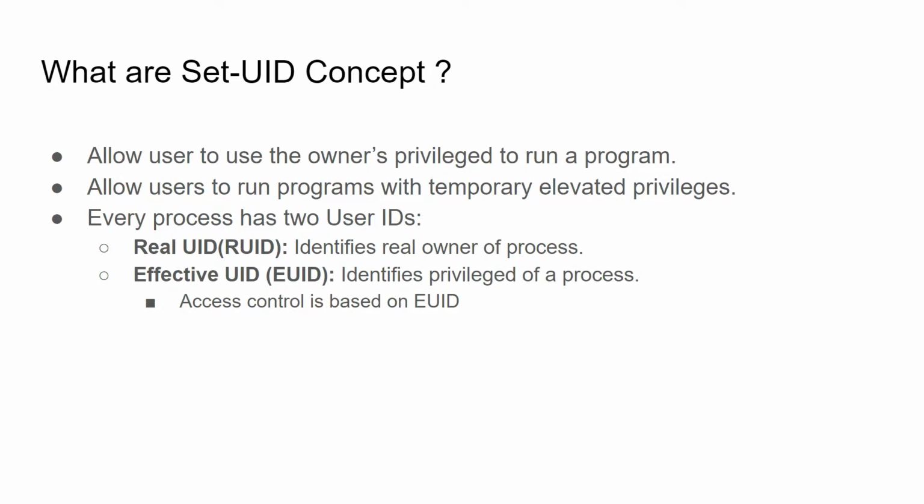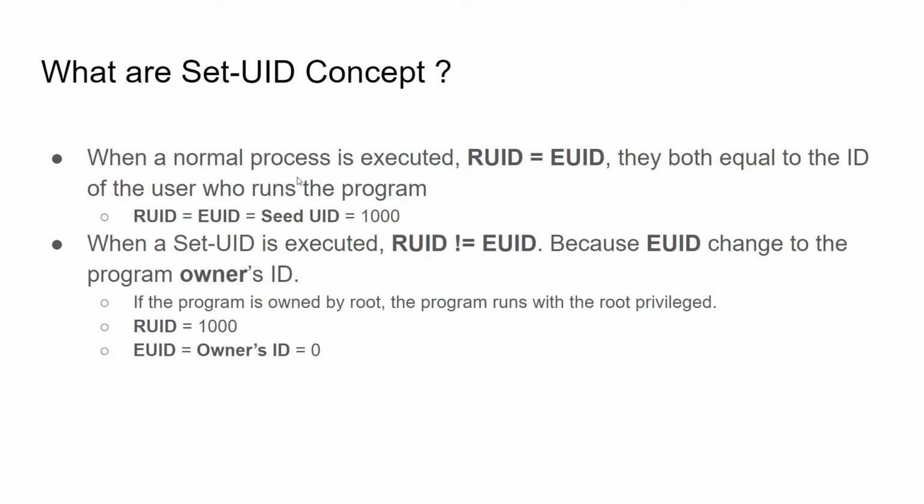When checking permission to access, the check is always based on the effective UID. In a normal process, the real UID always equals the effective UID, and both equal the ID of the user who runs the program. For example, in the SEED lab, the user is seed, whose UID equals 1000.